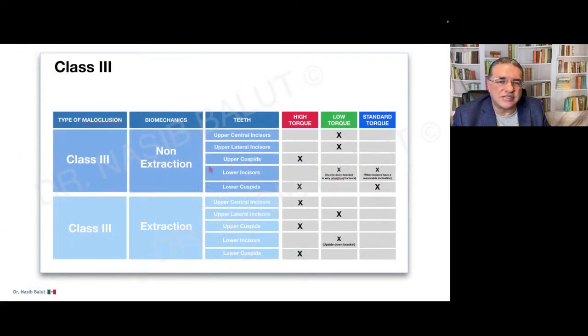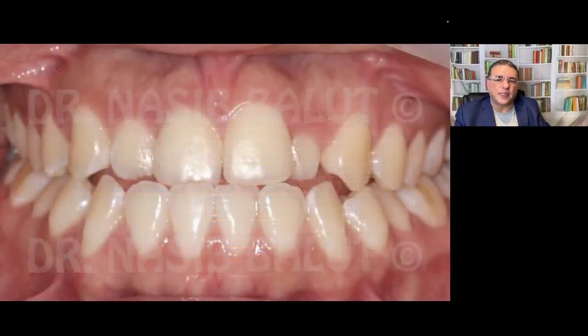I show you this table. We can use low torque brackets. This is a young patient, between 22, 24 years old. The amount of cortical bone is very good. Just in one incisor is not good. You will see it because of the position of the incisor.